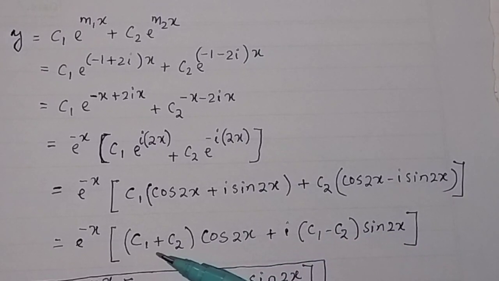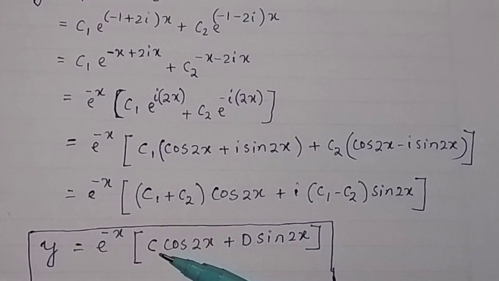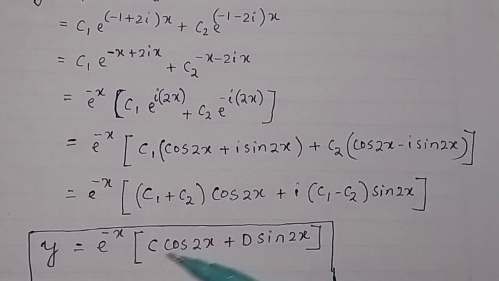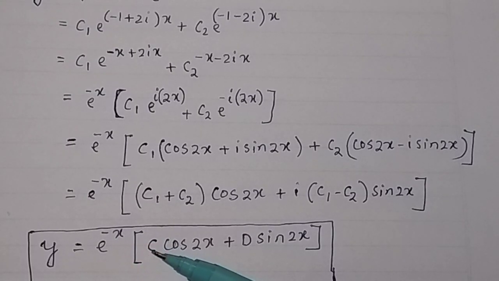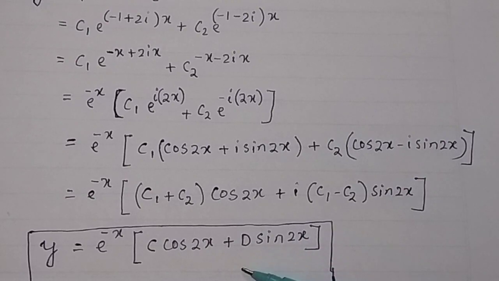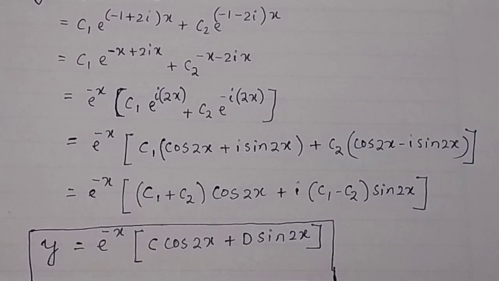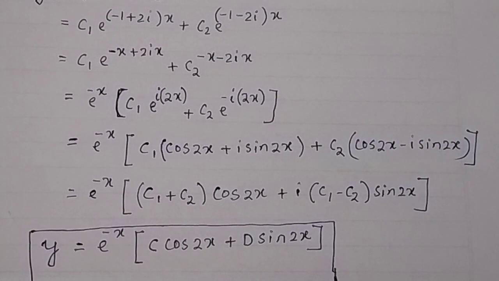So these are constants. If you take c1 plus c2 as a constant c, and i into c1 minus c2 as another constant d, then the solution y will be e to the power minus x times c cos 2x plus d sin 2x. This is the required solution for the given second order homogeneous linear differential equation with constant coefficients.